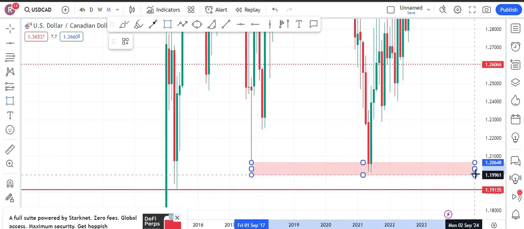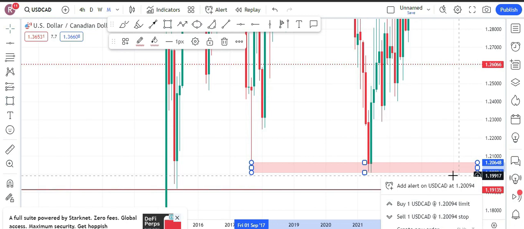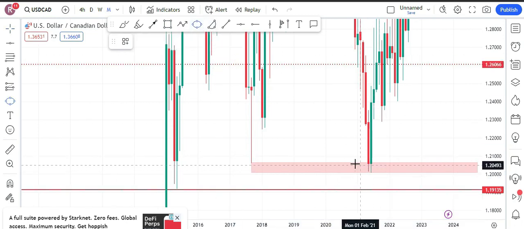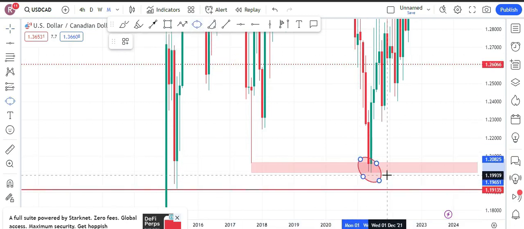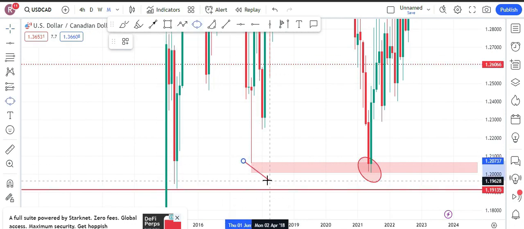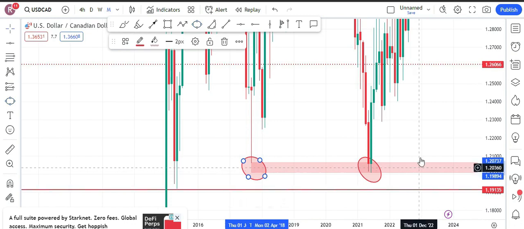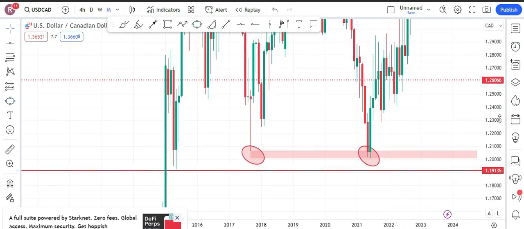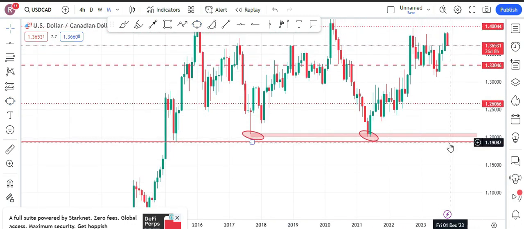This is the double bottom we have now. And if we mark this bottom, it concerns one. So now we can visualize a little bit better.